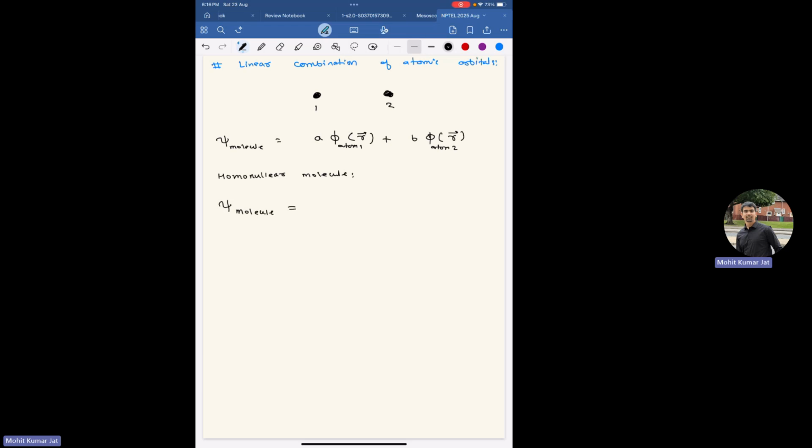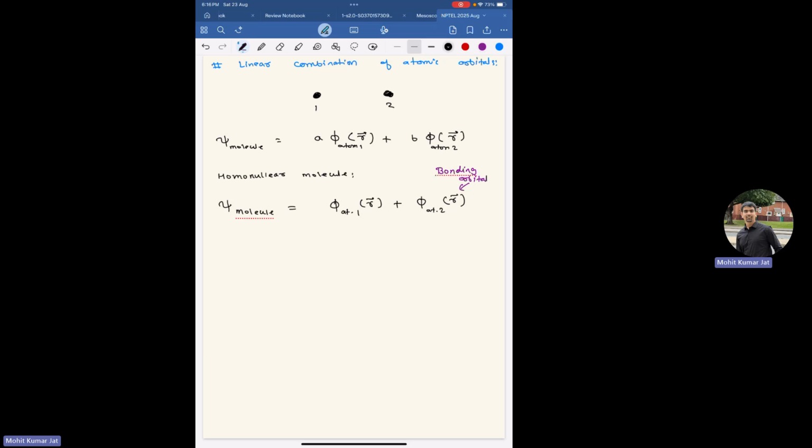And that can give you two combinations: psi atom 1 at R1 plus psi atom 2 at R1. So we know from the chemistry class, and from quantum mechanics, that this is the bonding orbital and this has lower energy.